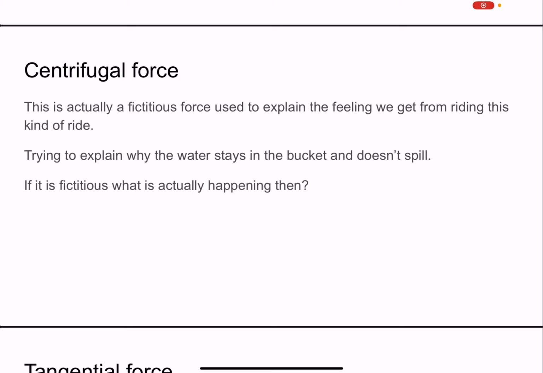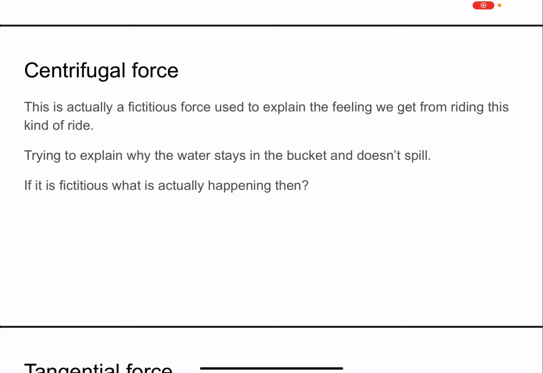It's used to explain the feeling we get from riding that kind of ride, where you feel like you're being flattened up against the wall. They also try to explain why the water stays in the bucket when I spin it upside down over my head. Again, it's fictitious because it's not a real force pulling away.